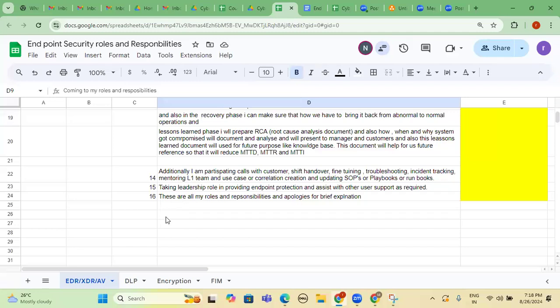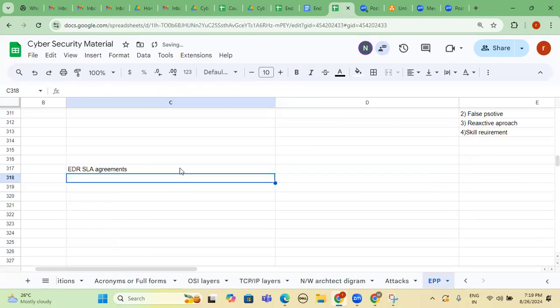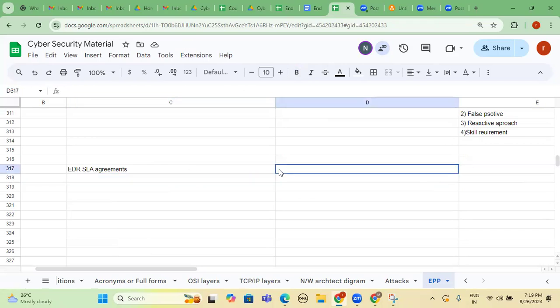And also whatever service level agreements you agreed with the customer and client. For example, EDR related, okay, so I'll explain that better. EDR SLA agreements. Whenever any security related EDR incident or alert is triggered, it is based on severity.